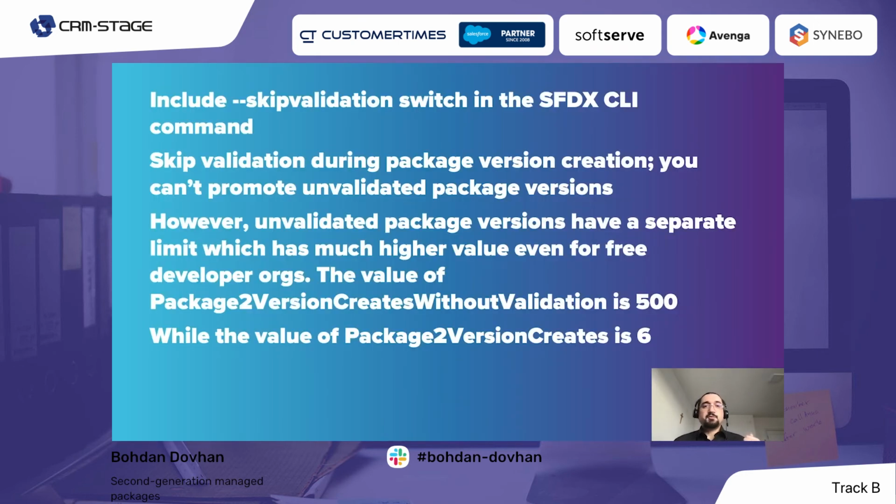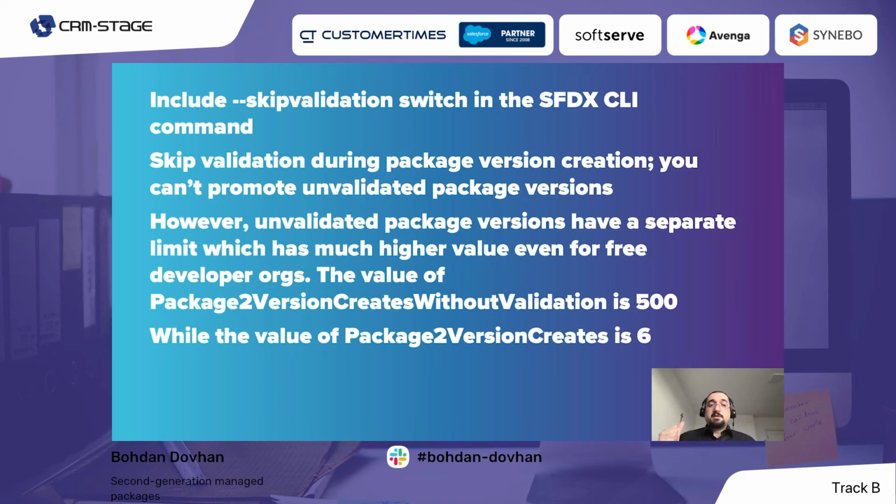The answer to this question is to fix your CI process and include a skip validation switch in the Sfdx CLI command. This switch allows you to skip validation during the package version creation, but you cannot promote unvalidated package versions. You need to remember this.